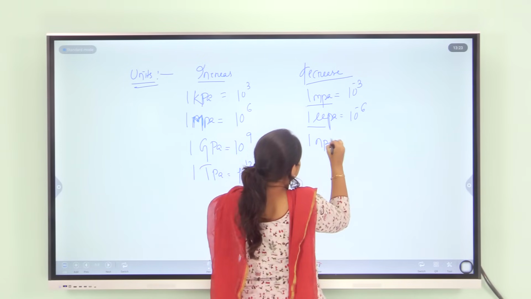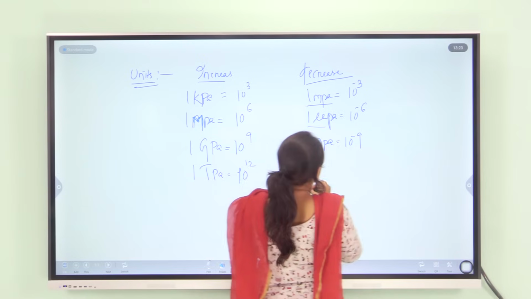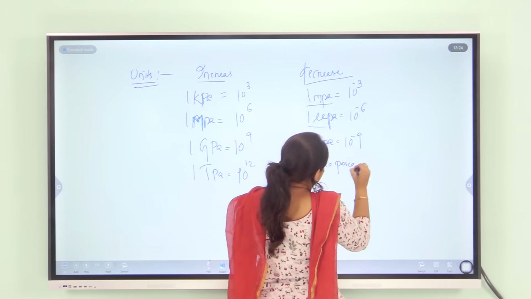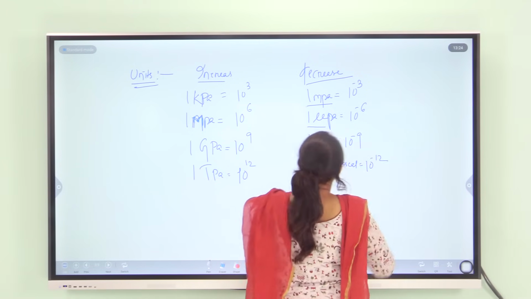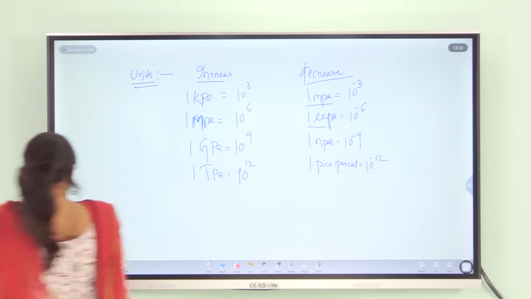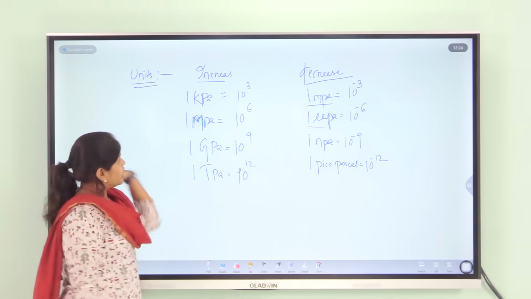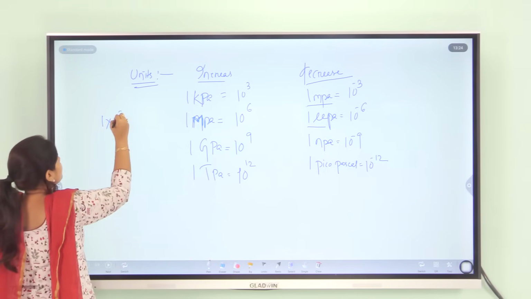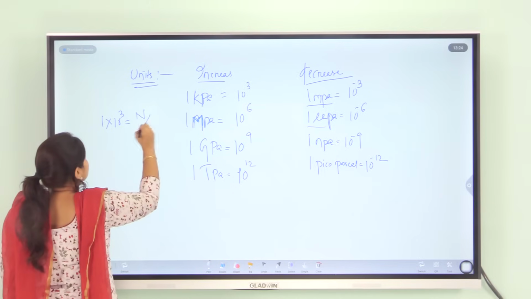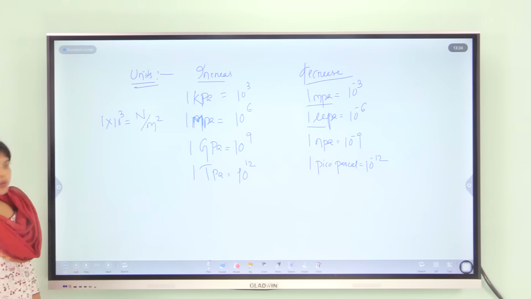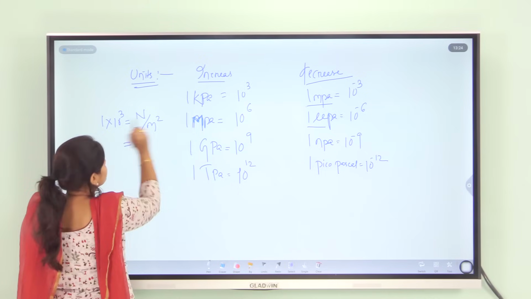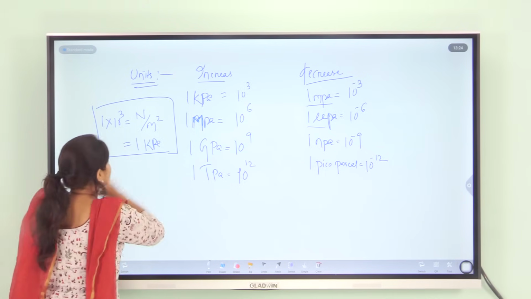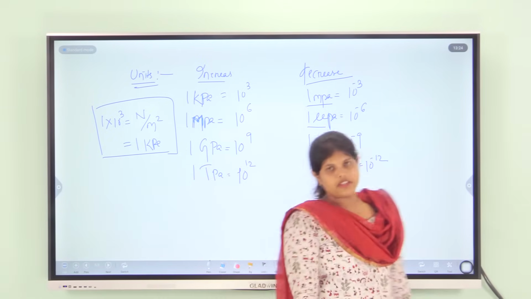Then nanopascal, that is 10 to the power minus 9, and picopascal, 10 to the power minus 12. Okay. So, if it is given 1 into 10 to the power 3 Newton per meter square, we can also write it as 1 kilopascal. Likewise, these units are needed in numericals.